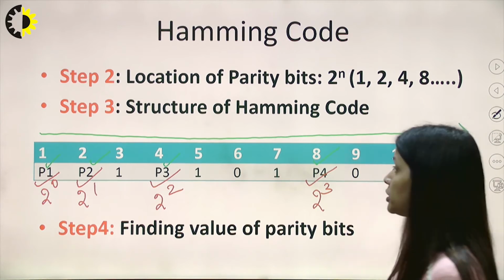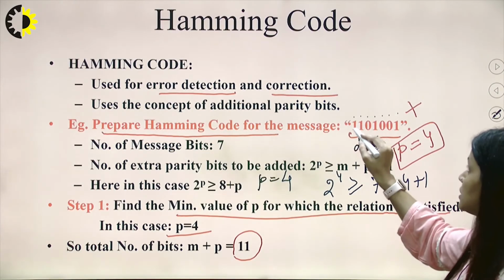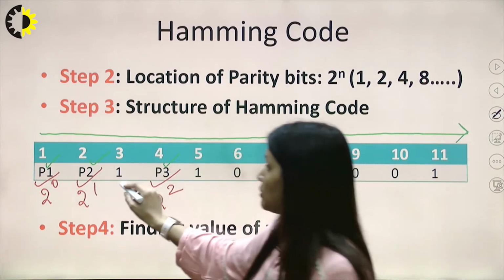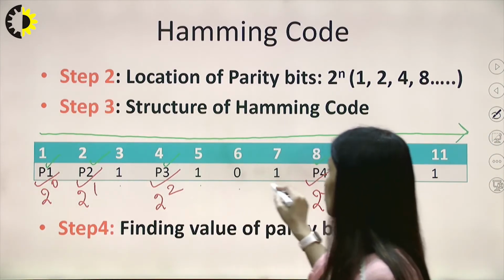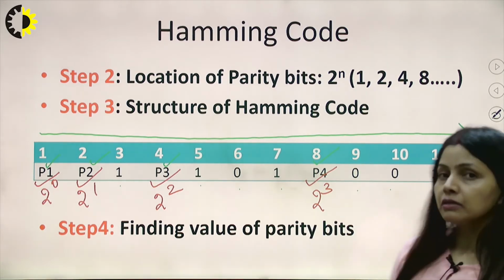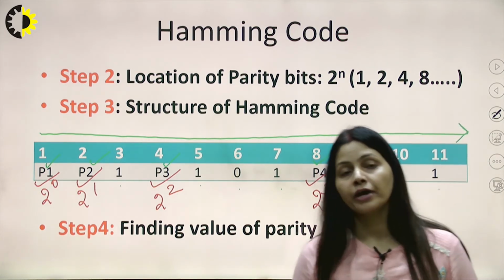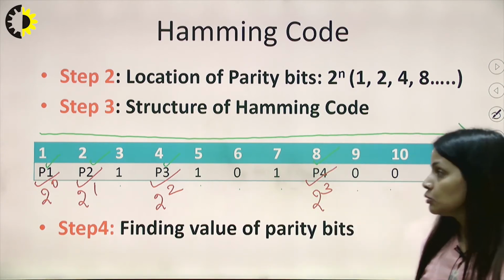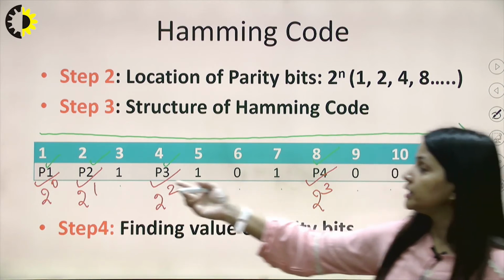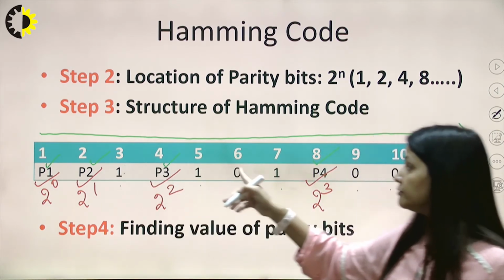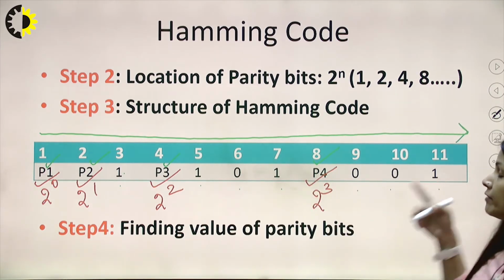Now what about the rest of the bits? This 1, 1, 0, 1, 0, 0, 1. So I will put 1, 1, 0, 1, 0, 0, 1. So at remaining locations, I will put my original data to all these blank locations like 3, 5, 6, 7, 9, 10, 11 serially.